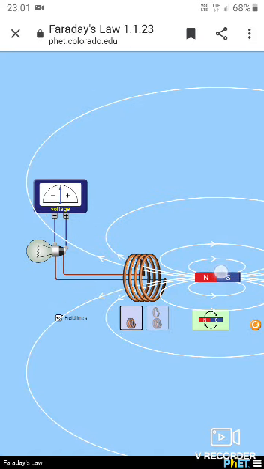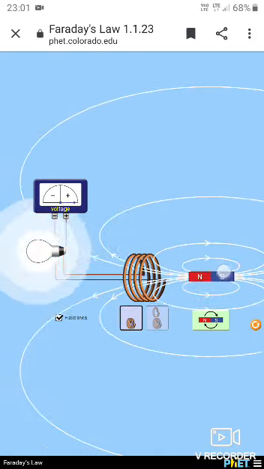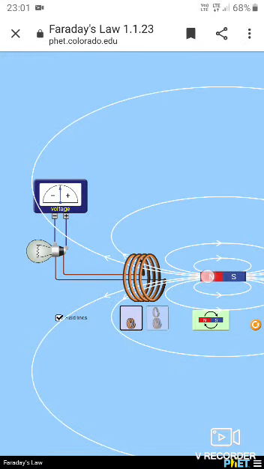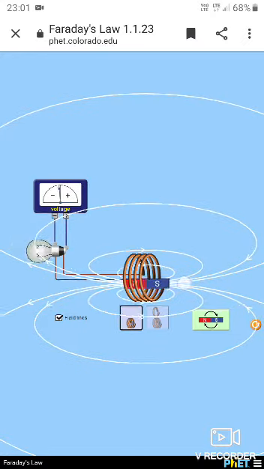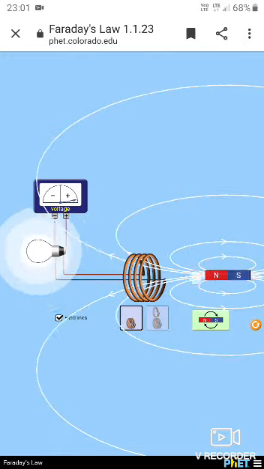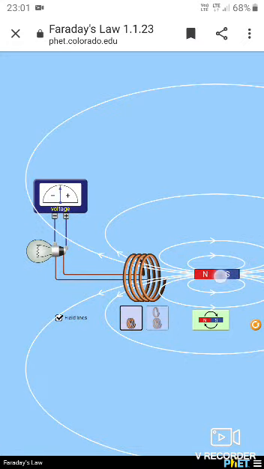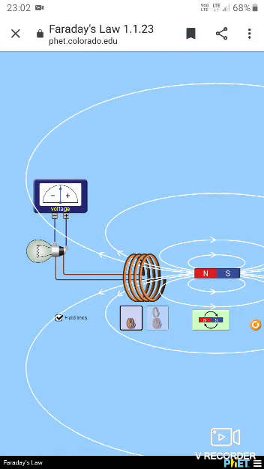Now if I bring this magnetic flux inside the coil and out of the coil, can you see how the bulb is glowing and how the deflections are shown? Yes. That means as the magnetic field strength increases, the amount of induced current produced also increases. When the magnetic field strength decreases, then the amount of induced current also decreases.